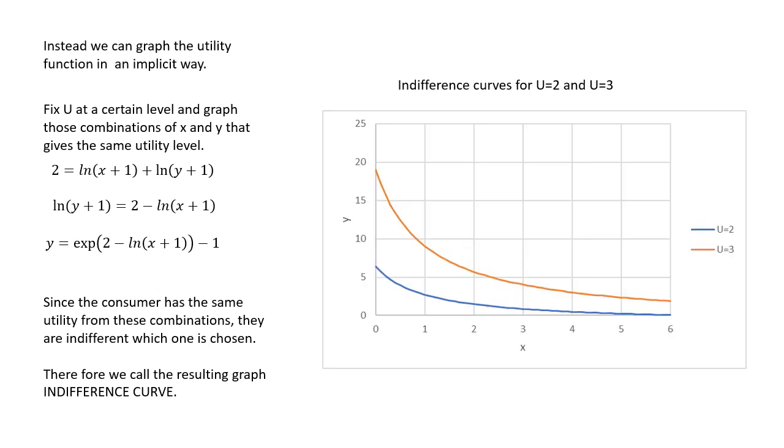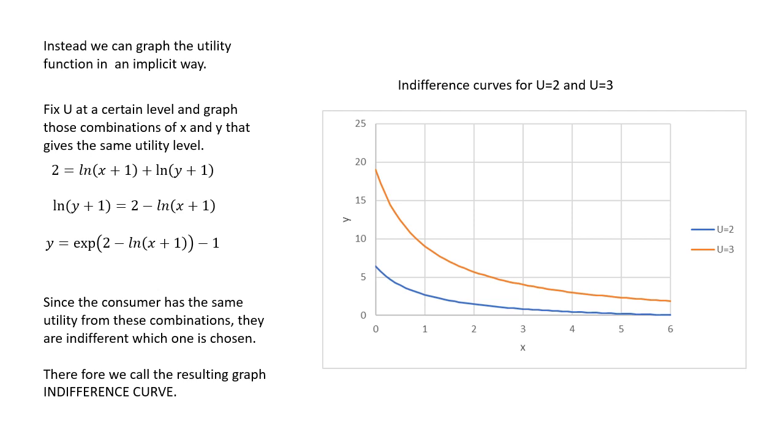I depicted indifference curves for two cases here, when the total utility is 2 and when the total utility is 3. You can see that these are going to be parallel to each other and the indifference curves are negatively sloped. Also, you can already see that the indifference curves are inward bowing, that is, they are convex.